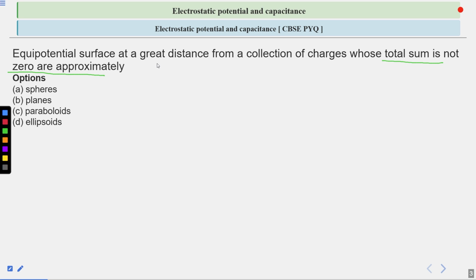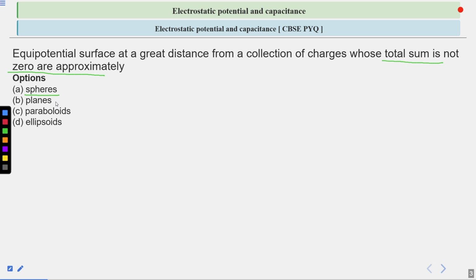So we are viewing this collection of charges from a very great distance, from a very far point. So how will the equipotential surface due to this collection of charges look? Okay, so we have to give an approximate result. So what are the options here? The first option is sphere.